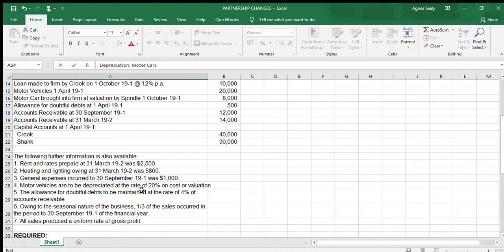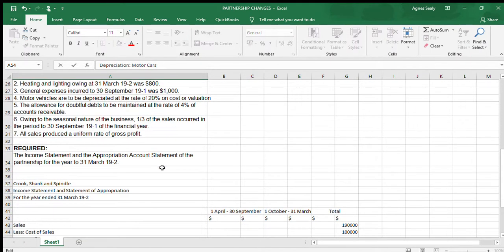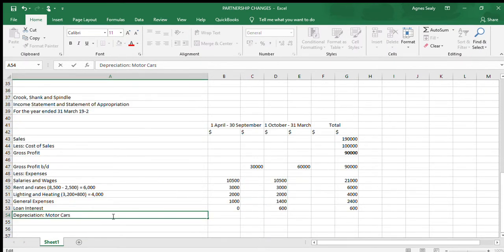So we had those motor vehicles from the beginning of April 19-1 until the 31st of March 19-2. So therefore, the depreciation on those motor vehicles would be 20% on the $20,000.